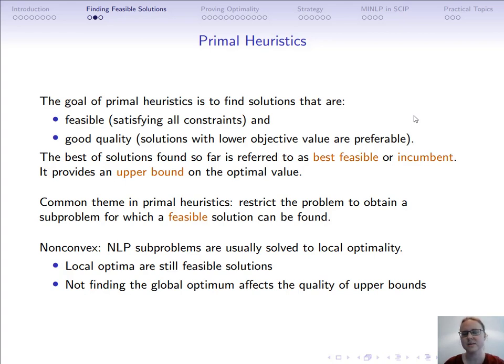But on the other hand, of course, if you have a local optimum instead of a global one, it means that you do lose some of the solution quality. And to somehow mitigate this, there are heuristics that use, for example, multi-start, hoping to find several solutions and choose the best of them. But again, they are still heuristics, and there is no guarantee that we have found the global optimum of the NLP.